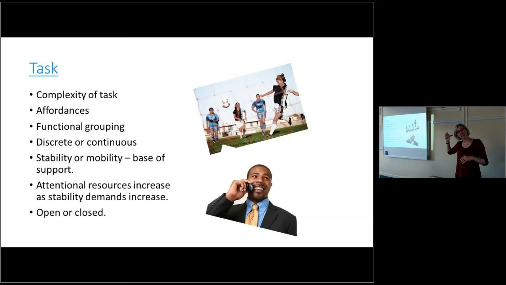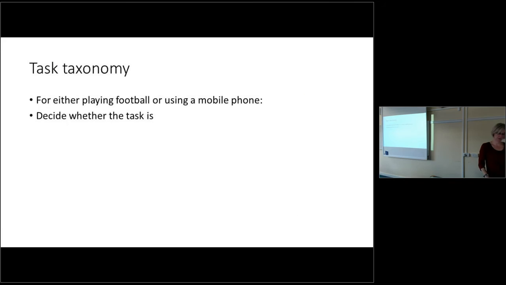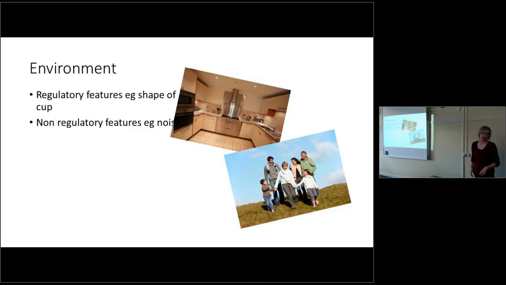By analysing the motor control requirements of the task, you can have a sense of how complex it's going to be for somebody when you have a sense of what their motor control is like. And of course, the last part of that person, environment and task element is the environment itself.